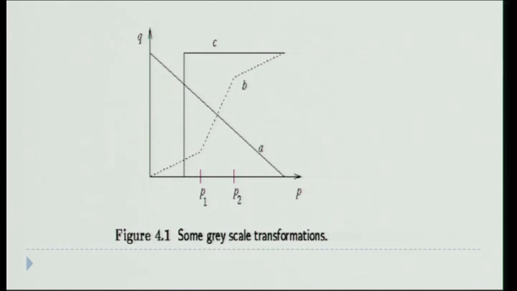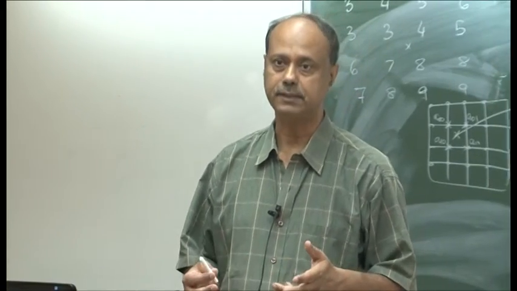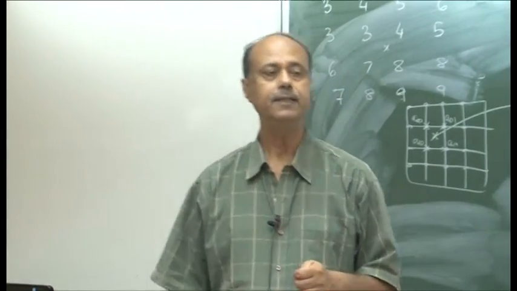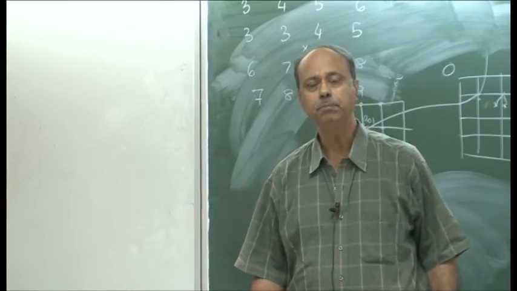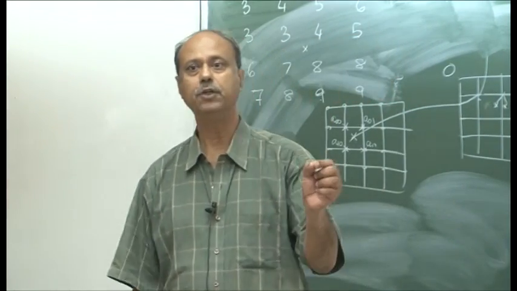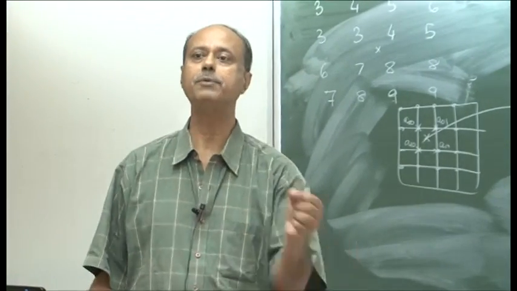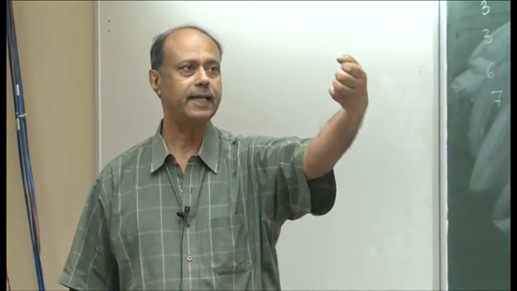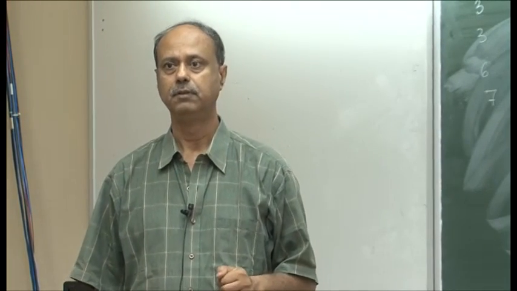So, for each pixel, I change the intensity level by some method, right, and that can be done using the simple lookup table. The 0 maps to 255, 1 maps to 254, 2 maps to 253. So, as soon as I get a 1 intensity value, I just replace it by that lookup table. Agreed?